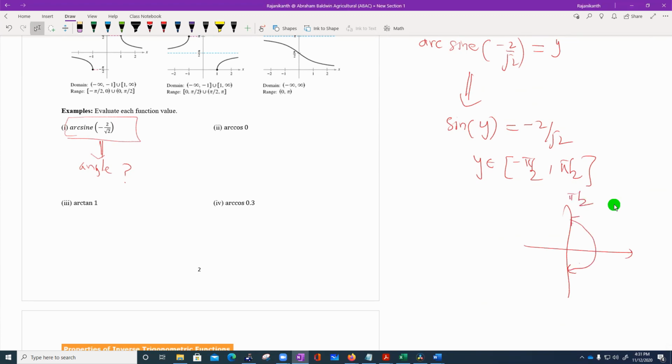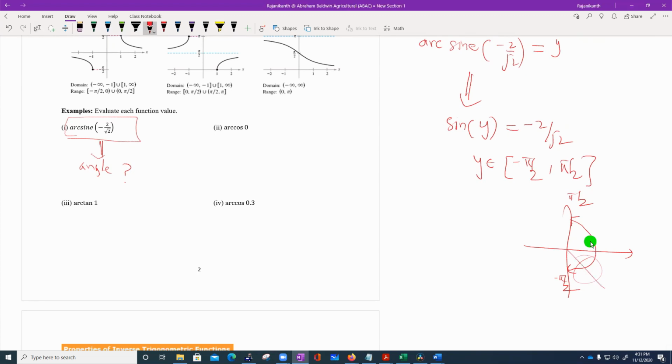Why is it quadrant 4? Well, sine is negative. Exactly. Sine is giving a negative answer, so your answer is supposed to be here. The first quadrant is always positive. Sine of which angle should be negative 2 over root 2? 7 pi over 4.